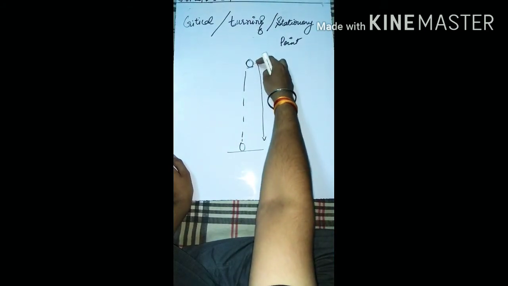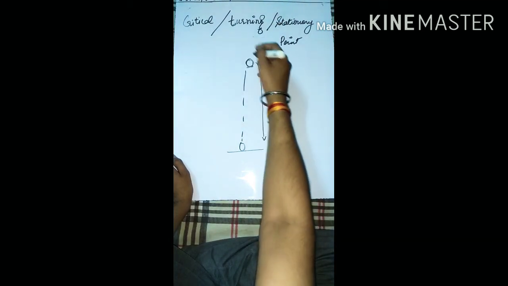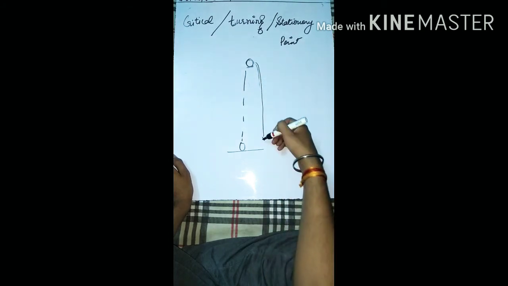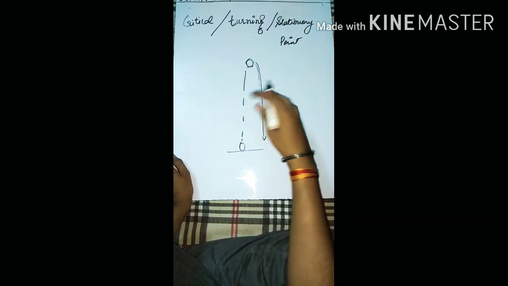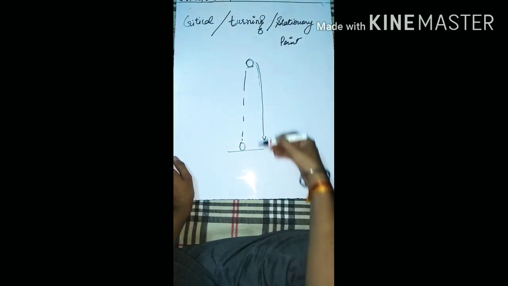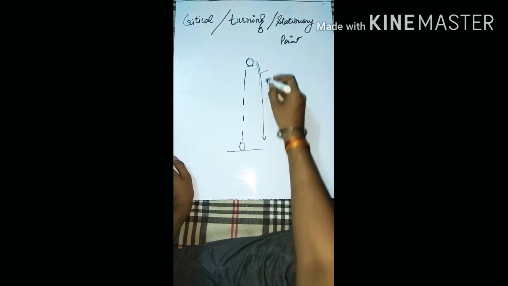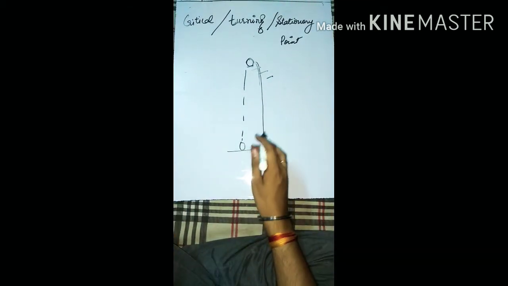This point is called the stationary point, because here the stone is stationary, and at this point it turns around. That means it changes its direction and starts to fall down. So this is called the critical point, turning point, or stationary point, anything you can call.